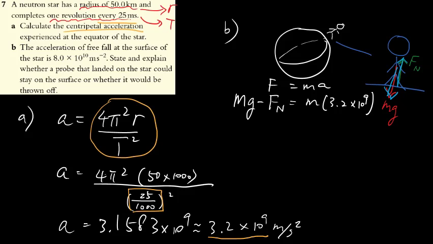And of course, in the case of having the mg larger than Fn, which would be good, it has to be greater than Fn, and therefore you can perform the circular motion. But the thing is whether or not the Fn will be greater than 0 or not.